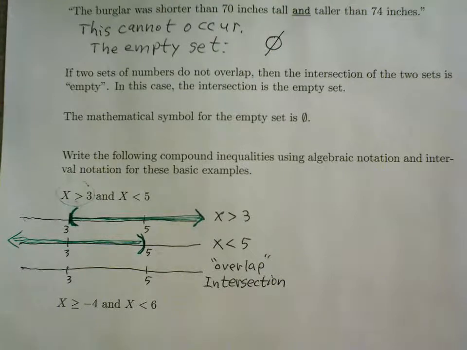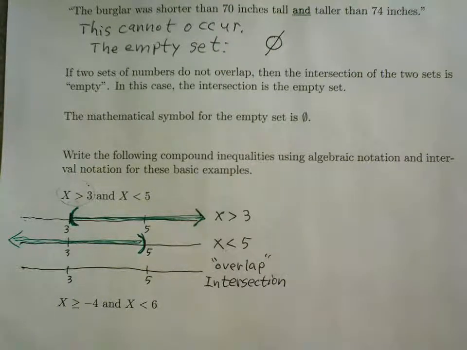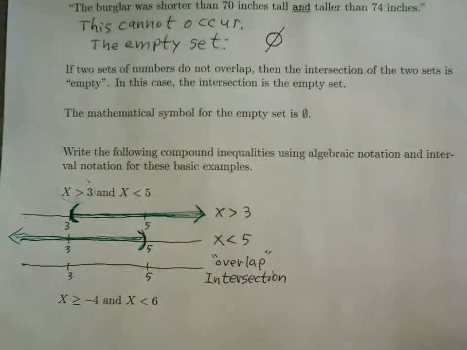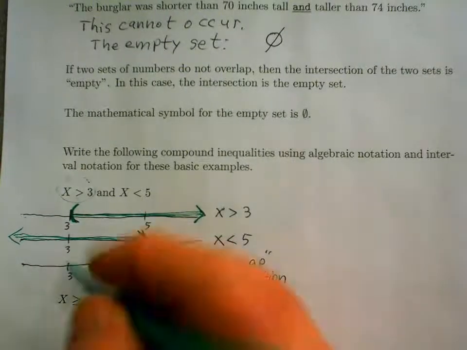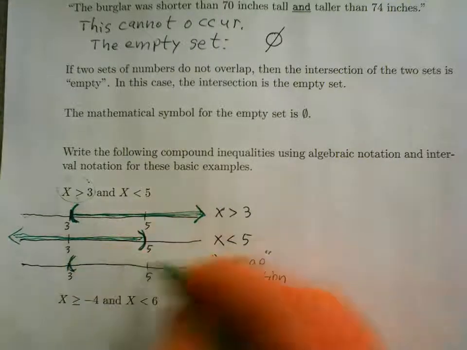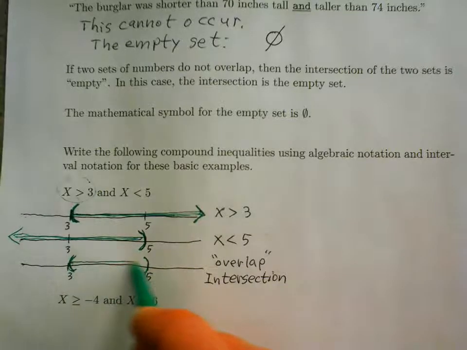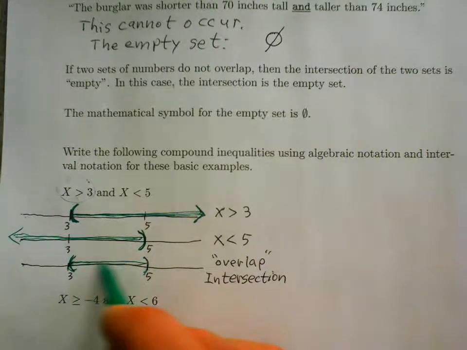Okay, and you can see where the top two lines overlap, or where they intersect. They intersect at the numbers between 3 and 5. This is the intersection.